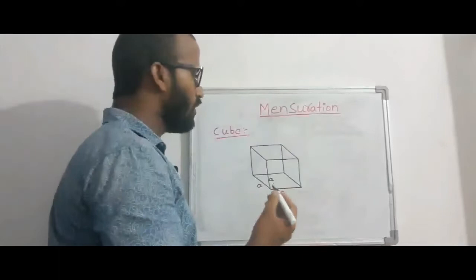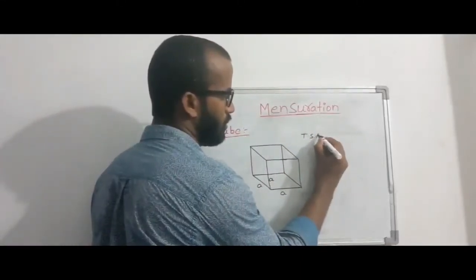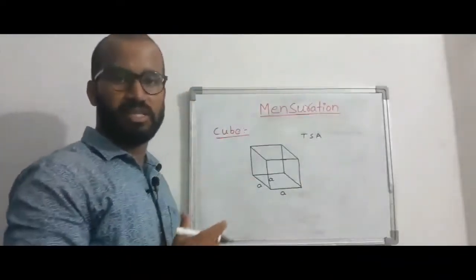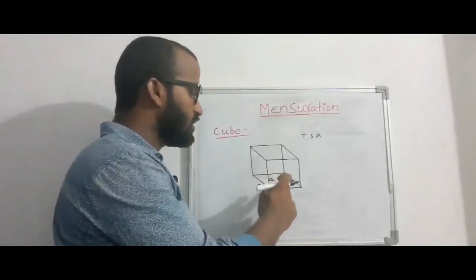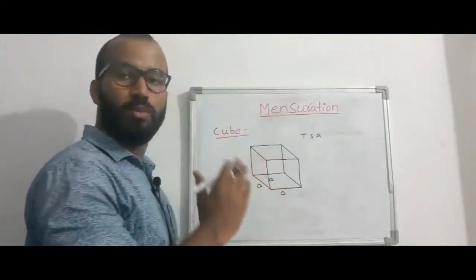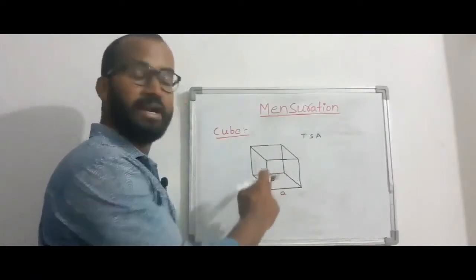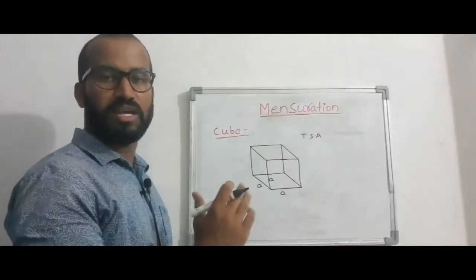Now, how are we going to find the total surface area? For a cube also there will be 6 faces. Each face's area is how much? A square. Such 6 faces are there.